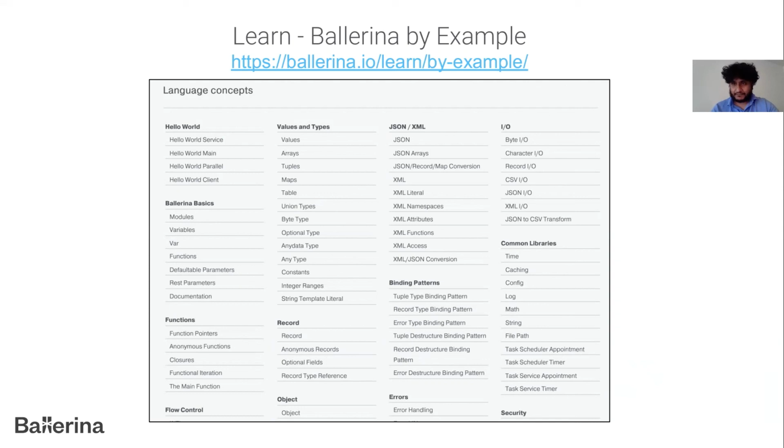So Ballerina's syntax is similar to languages like C, C++, Java. So it'll be familiar to most of the people who have used similar languages. Other specialized concepts you can learn through the resources that are there on the website.